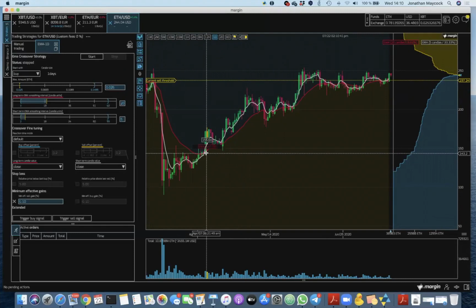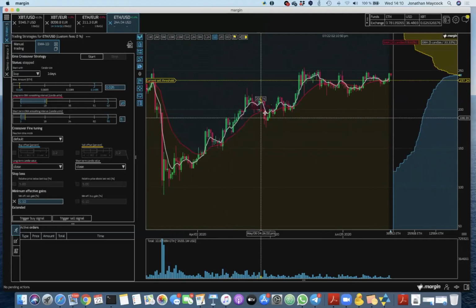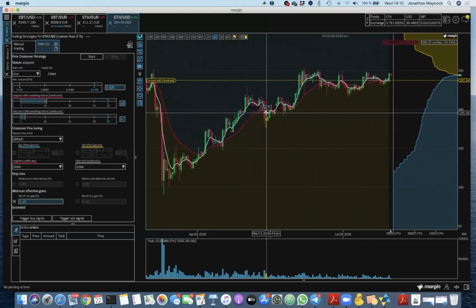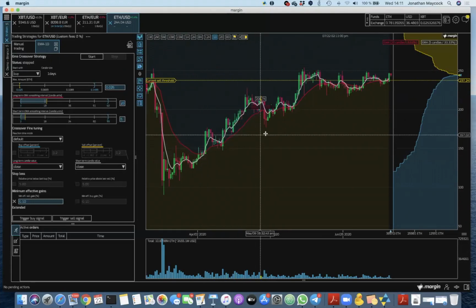Now, the question is, where would the sell have occurred? And in this particular configuration, we can see they came close here, but didn't quite cross. And eventually they crossed up here. So given this long-term view, the buy would have occurred at about April 5th, and the sell would have occurred a whole month later.